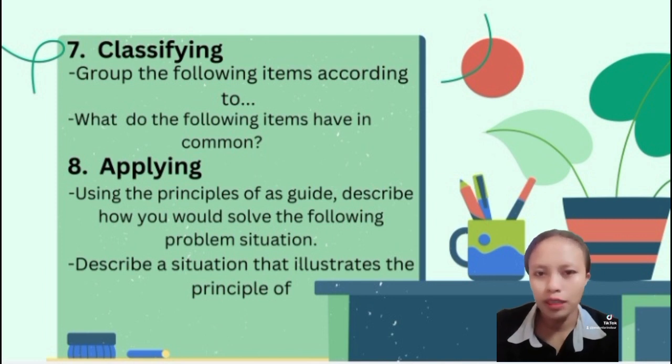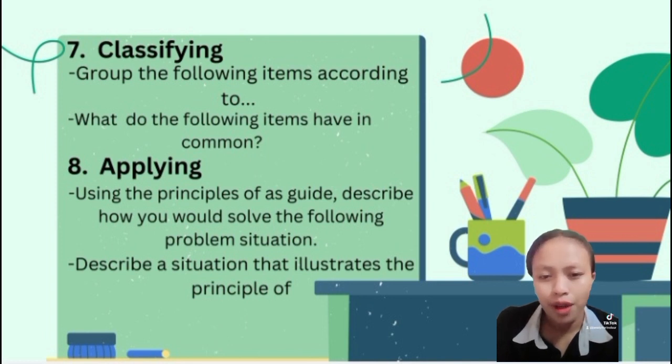So the 8th one is applying. In this type of question, the student will be able to explain and apply the concept that he or she learned. Example, number 1, using the principles of algebra as a guide, describe how you will solve the problem situation. Next is number 2.